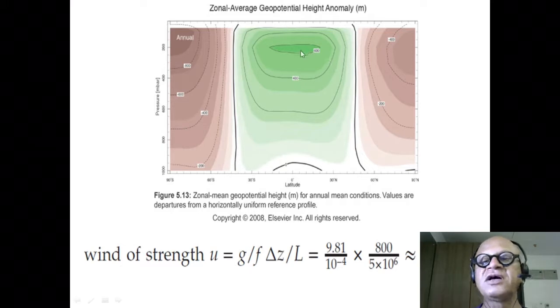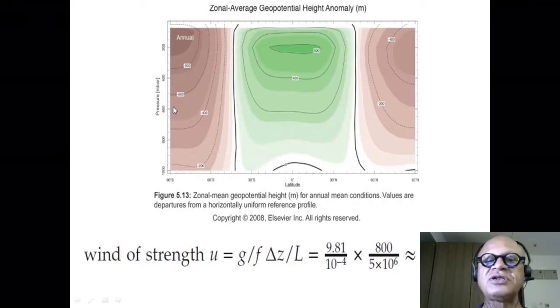As we said, we looked at 500 millibar, for example, which went from 5.8 kilometers down to about 5 kilometers. So it dropped by about 900 meters, right? From the tropics to higher latitudes. So that's kind of what's happening here.